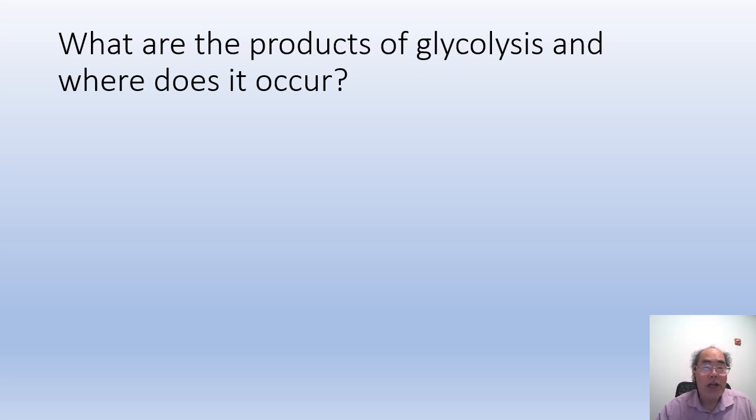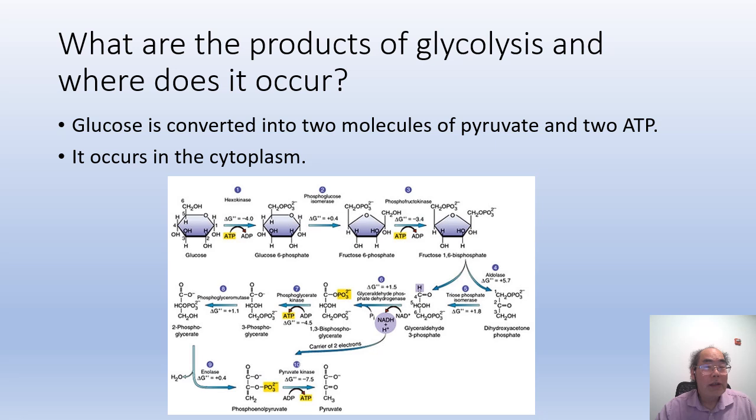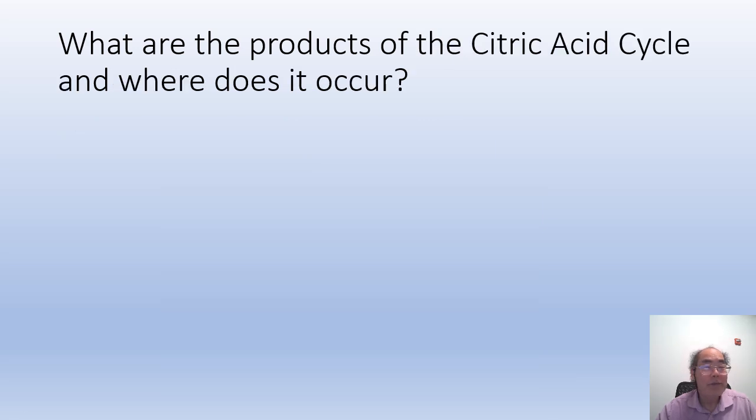What are the products of glycolysis and where does it occur? Please answer. In glycolysis, glucose is converted into 2 molecules of pyruvate and 2 ATP, and this occurs in the cytoplasm of the cells.